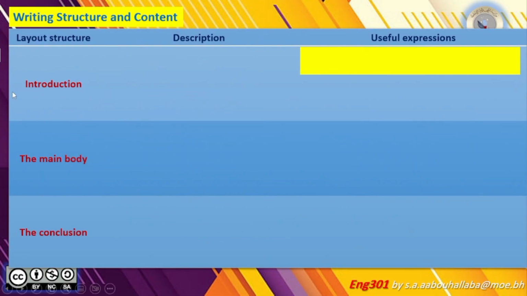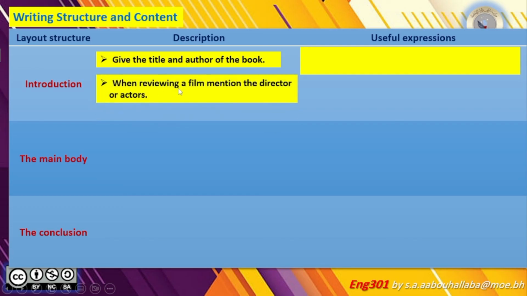Well, you need to start by the introduction, the main body, and the conclusion. Let's look at each of them. For the introduction, you give the title and author of the book or the film. When reviewing a film, mention the director and actors.